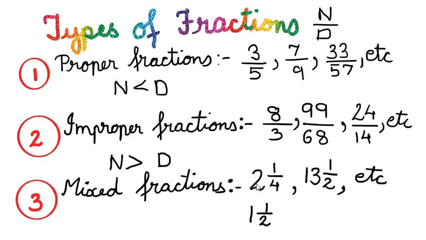So when we have a whole number and a fraction, then such kind of fractions are called mixed fractions. So after the previous notes, you can write down these notes in neat handwriting. Just write types of fraction right here, n upon d. This is nothing but numerator upon denominator. Write the types and examples of it in the same way how I have given to you all.